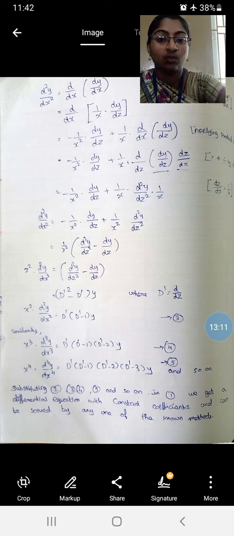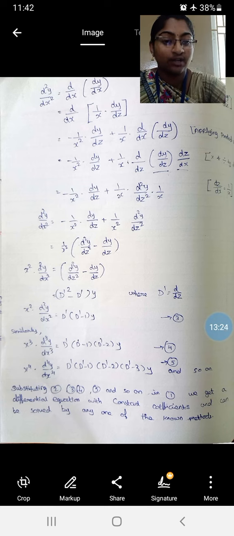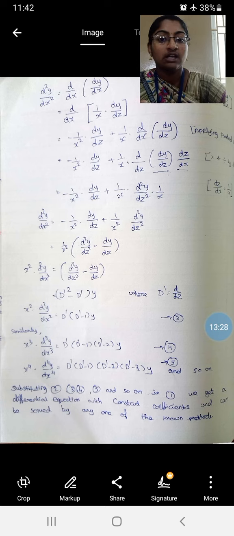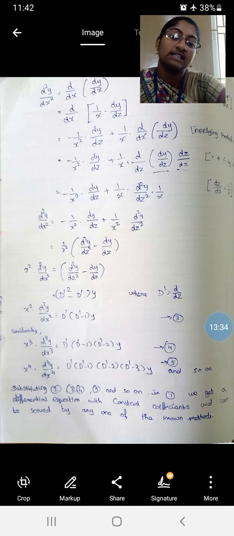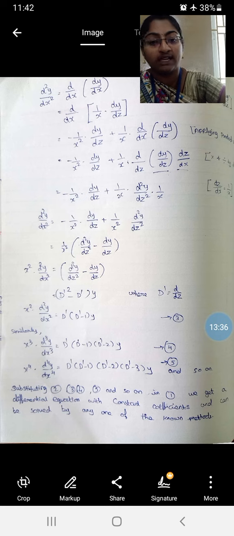Next, minus 1 by x square dy by dz plus 1 by x into d square y by dz square into, the value in bracket dy by dz is nothing but 1 by x. Just substitute it. Next, the value of d square y by dx square: all the terms as they are, and 1 by x into 1 by x becomes 1 by x square.